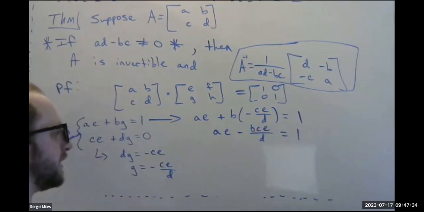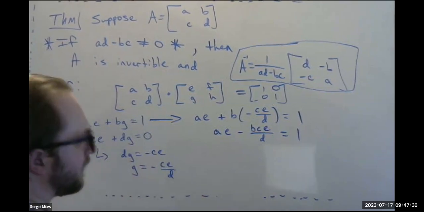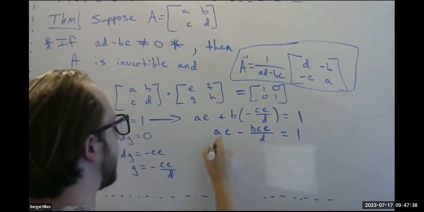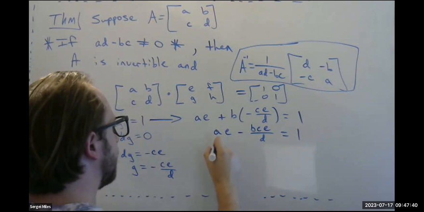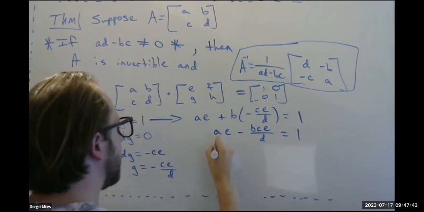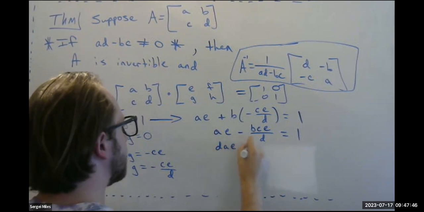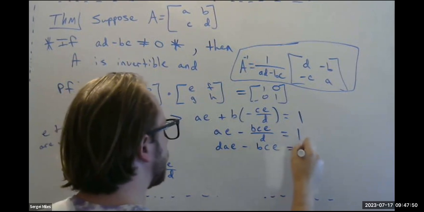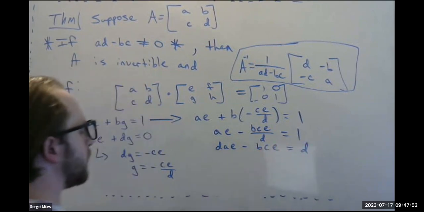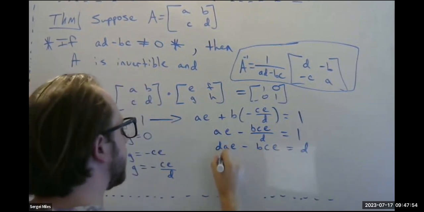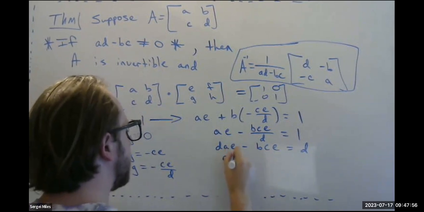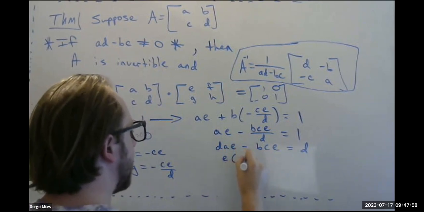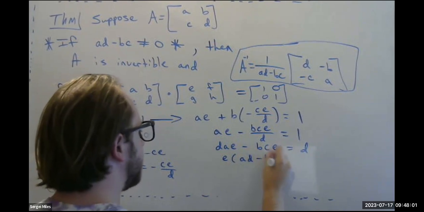This fraction is kind of messy right now. So I'm going to multiply everything by D. So I have DAE minus BCE equals D. So I'm almost done. I'm trying to solve for E. So I'm going to factor out E, and I'm going to have AD minus BC.